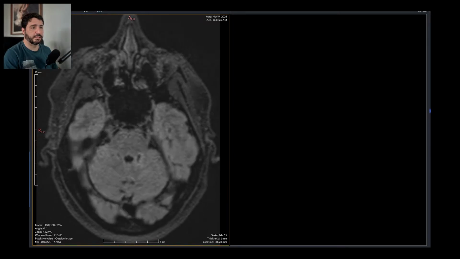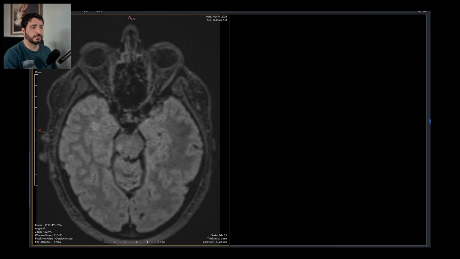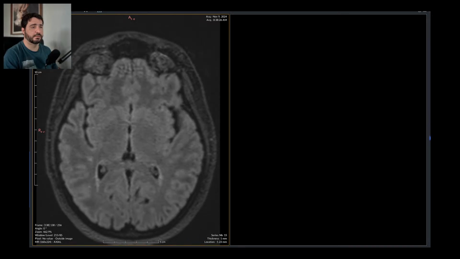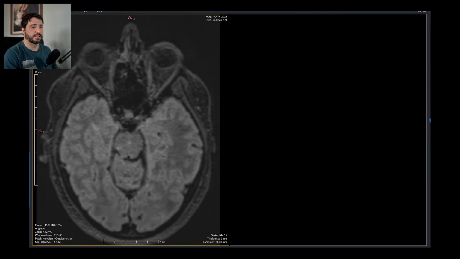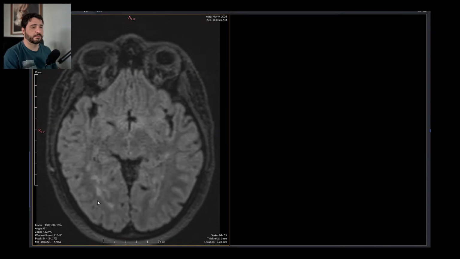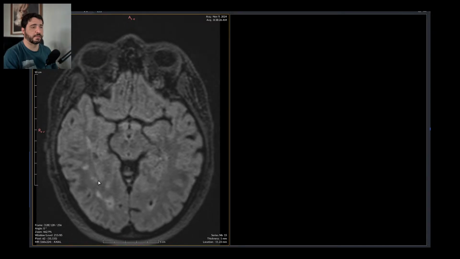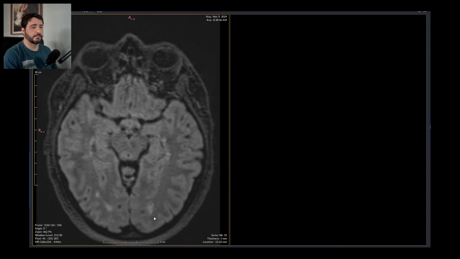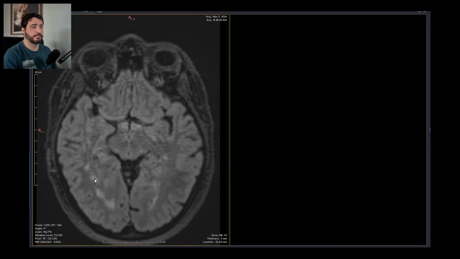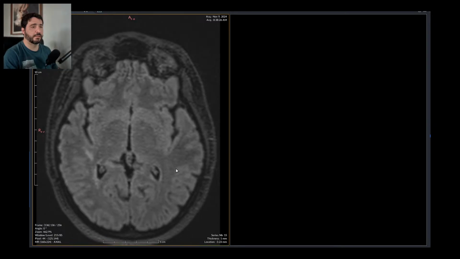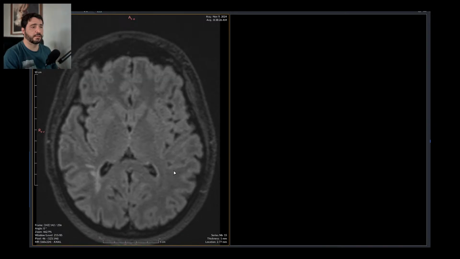So this is really noisy. There is also a lesion right there on the pons, on the mesencephalon, temporal lobes, occipital lobes right there. There is deep white matter, subcortical white matter and periventricular white matter lesions.